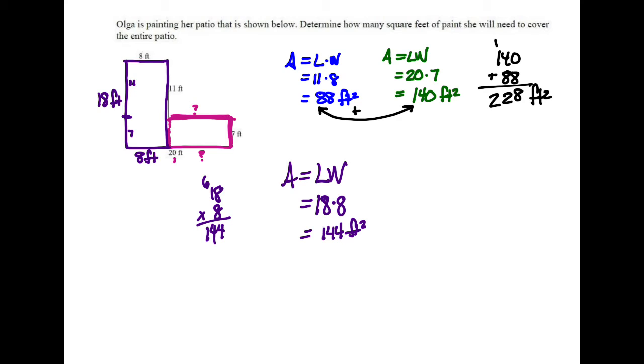Has to be 12, doesn't it? So if this is 12 feet, then we have the 8 and the 12 to give us the 20. So that means the dimensions of that other rectangle are 12 times 7. And if you know your 12's times tables, that's 84.